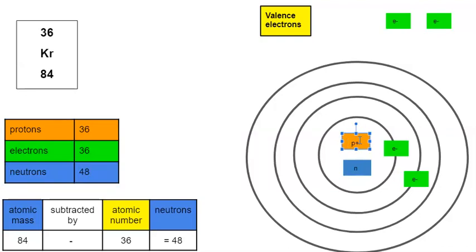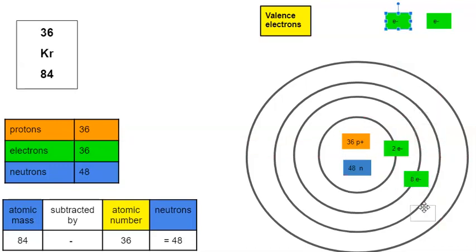So now we go and we take that and put it into our atom model here. So we have 36 protons, 48 neutrons. And our electrons here, we know the first orbital is going to fill up at 2. We know the second orbital will fill up at 8. 2 and 8 gives me 10. I still have 26 electrons to work with here.